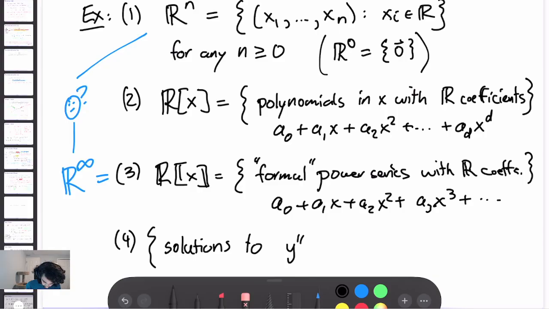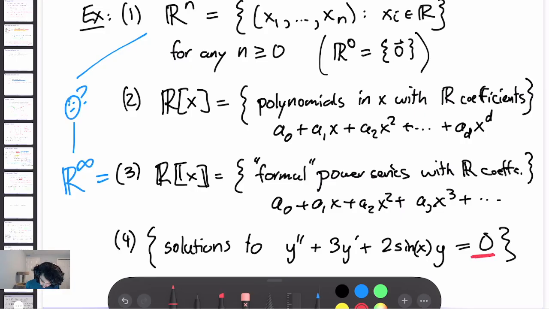If I write down any linear differential equation, it doesn't even have to be constant coefficient, as long as it's homogeneous, and this part actually is important, then this also turns out to be a vector space.